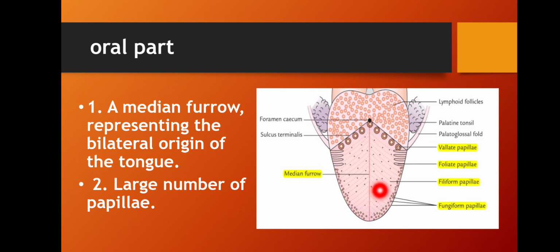The important point to remember is that the foliate papillae are more prominent in rabbits because they eat more plants, like plant leaves, right? So they are more prominent in the rabbit, but they are rudimentary in humans.